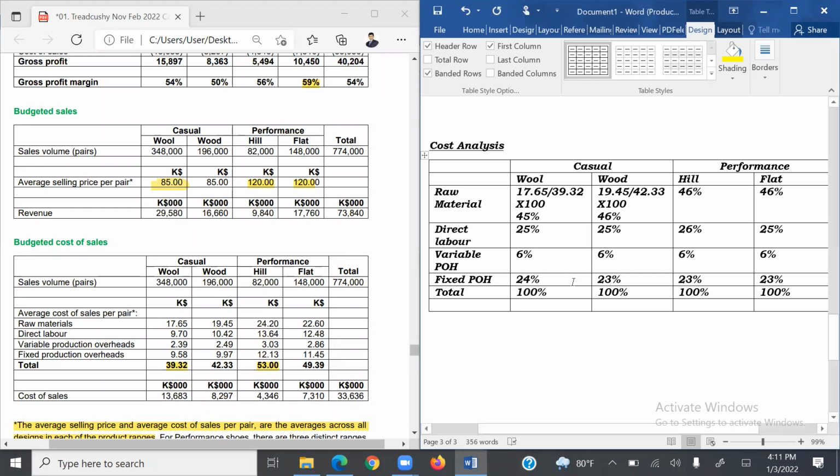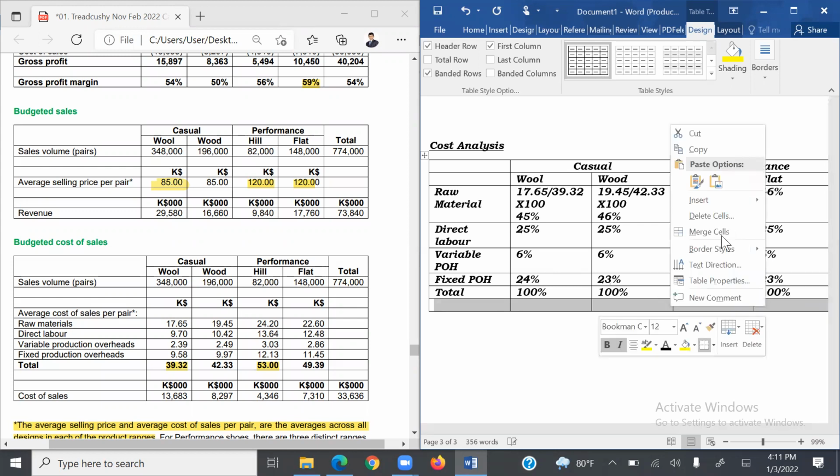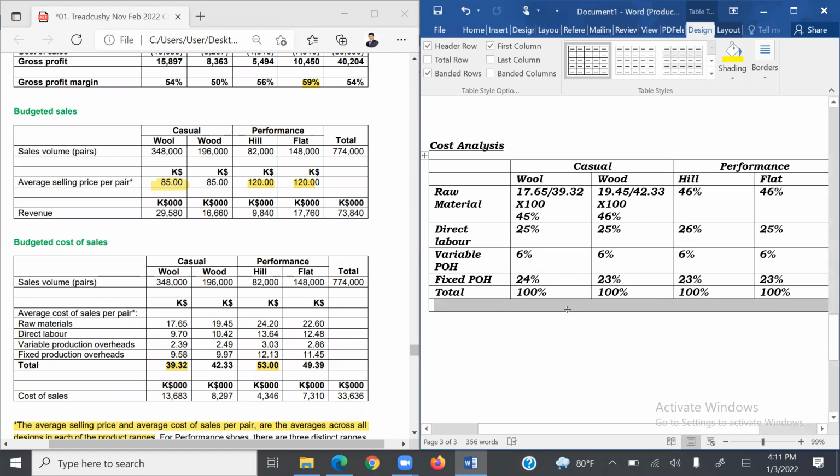So if they go for ABC, I will just merge this and write down here, learning outcome.